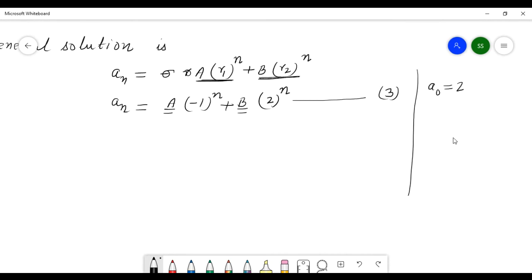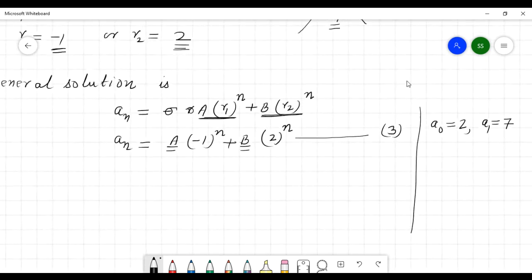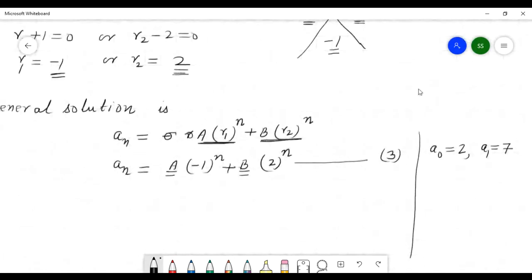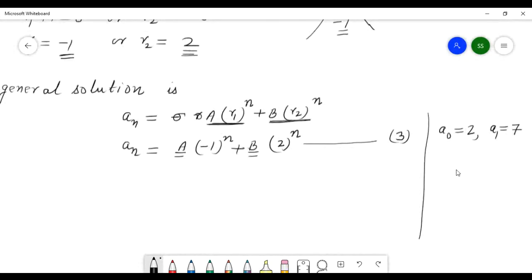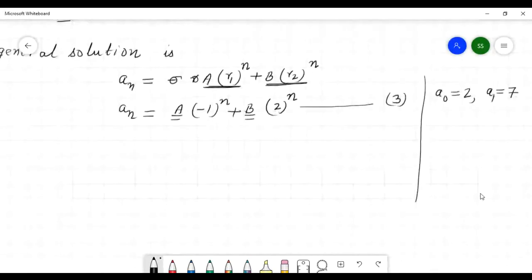a0 equal to this 2 and a1 equal to 7. This is in the question. a0 equal to 2, a1 equal to 7. This one is in the question. Right? So look, up to here no problem. The general solution you have right here. General solution, how to write?